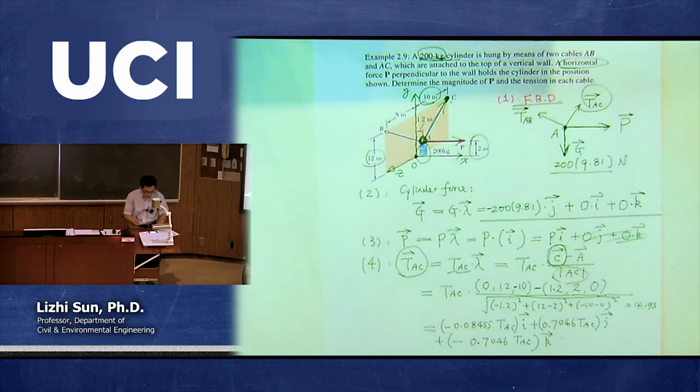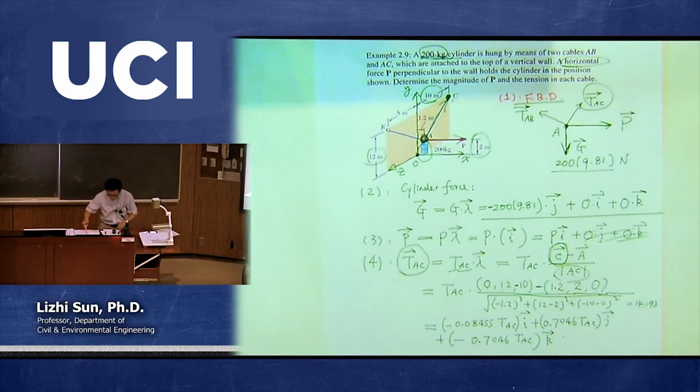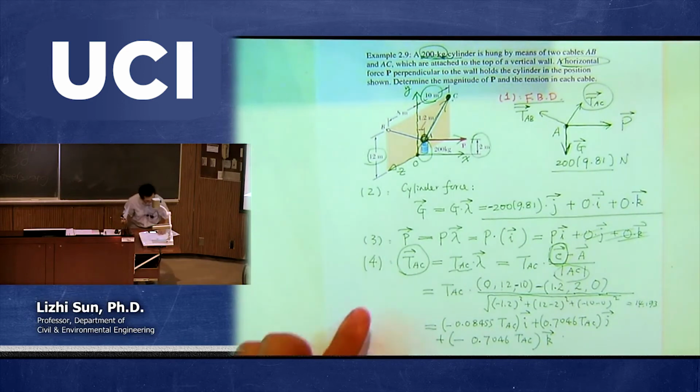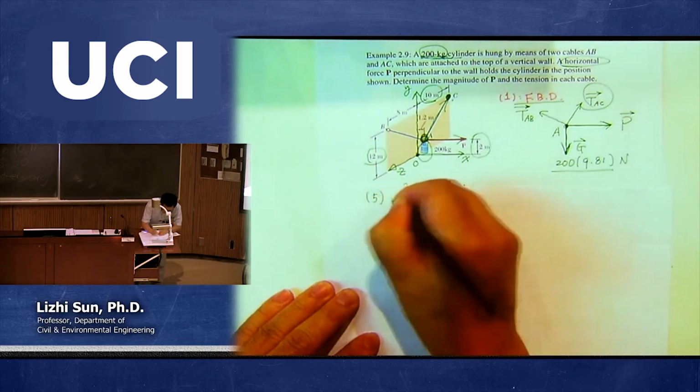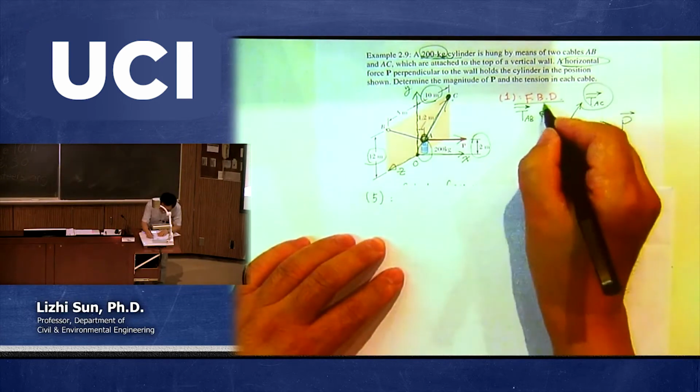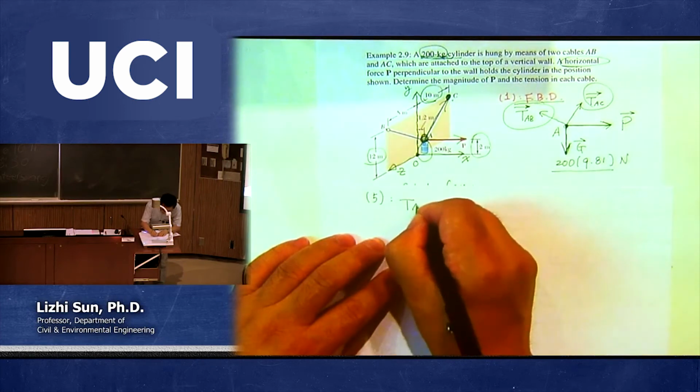That's what we got. So in other words, we got these three components of cable force TAC. So now let's move to the next one. All right, so this is step number 4, so step number 5 is to calculate this T force, TAB.